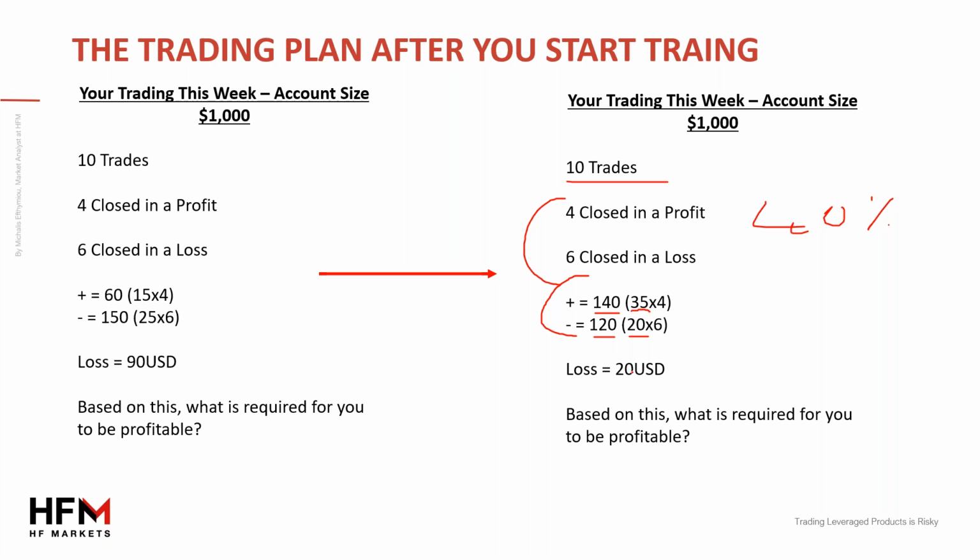So suddenly he's gone from a 90 loss to a 20 profit. So this is just an example, by the way. Even though his success rate is the same, he's still unsuccessful in terms of determining how the market is going to move. Even though he's still opening the same amount of trades, he's made a slight change in order to ensure that he's profitable.